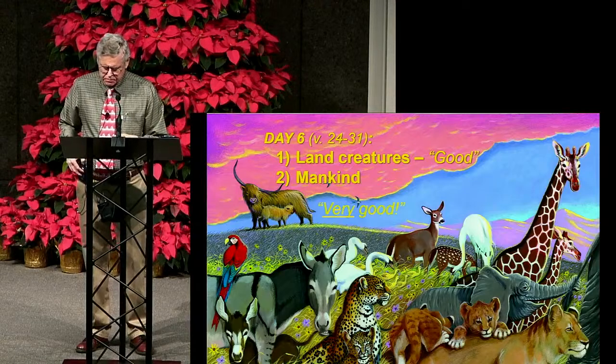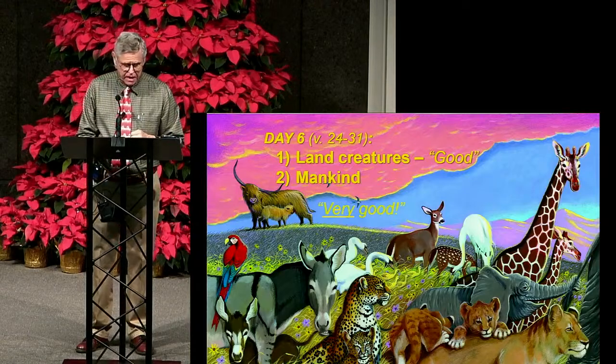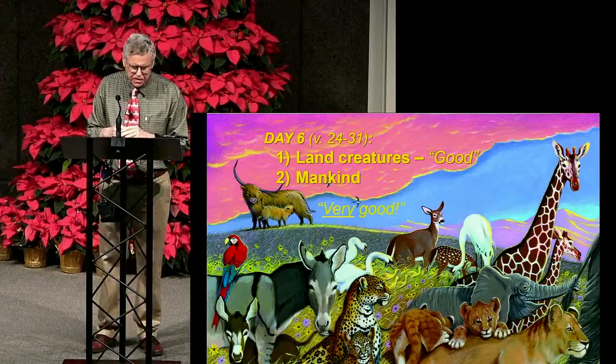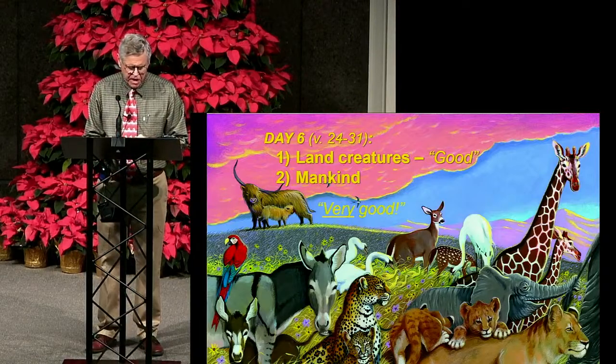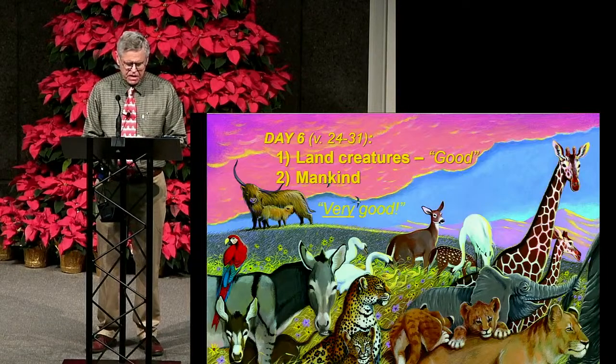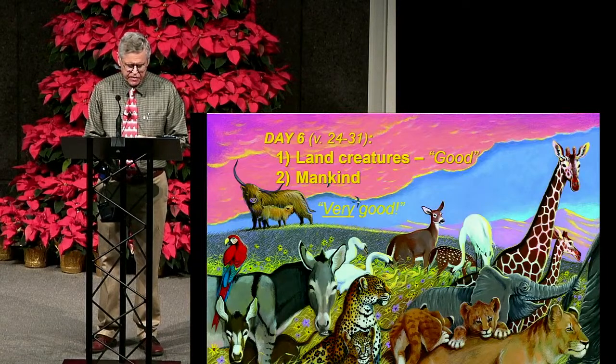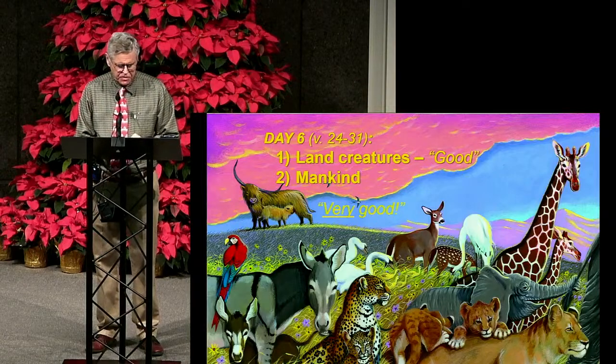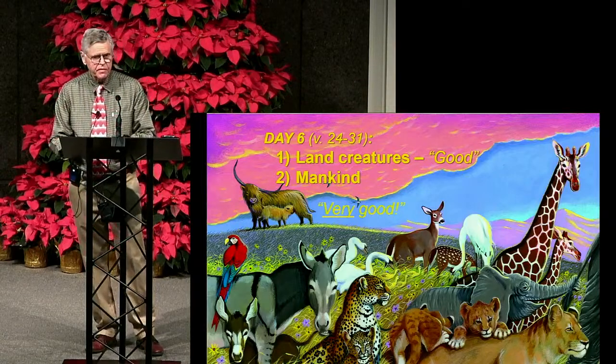And in verse 29, it's interesting that originally humans were vegetarians. God said, behold, I've given every plant yielding seed that is on the surface of the earth, and every tree which has fruit yielding seed, it shall be food for you. And of course, he gave food for the animals.